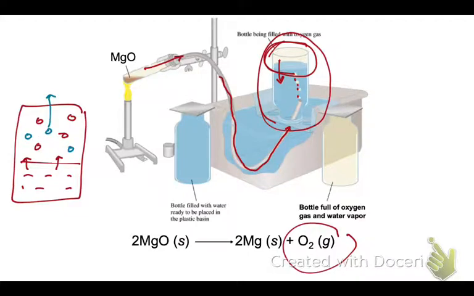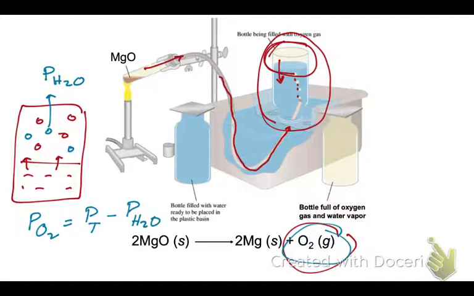So they will also have their own partial pressure that we call vapor pressure. So the pressure of the oxygen will be the total pressure minus the vapor pressure, right? Because on top of water, there are two things: the water vapor pressure and the oxygen itself.